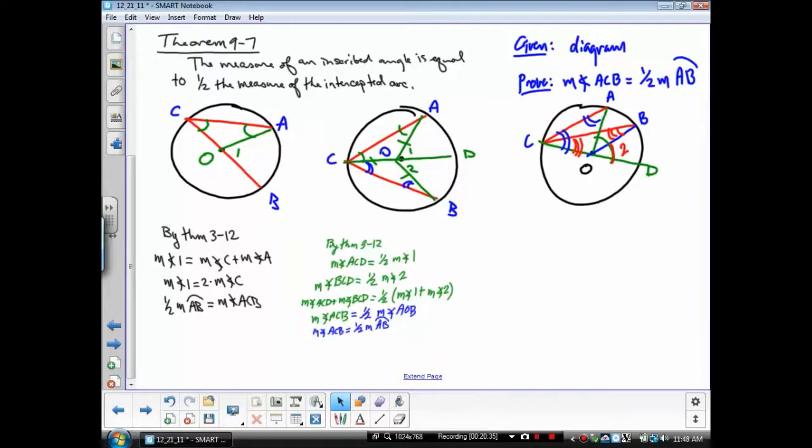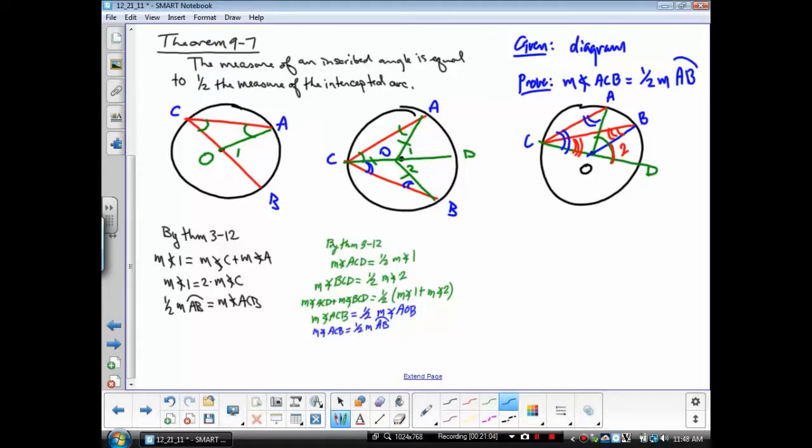Now, on this 3rd one, you can see marked in green the angle AOD. And you know from what we've done here that angle ACD is 1/2 of that angle. I could say by theorem 312 again, but it's also kind of substitution from what we've already done.